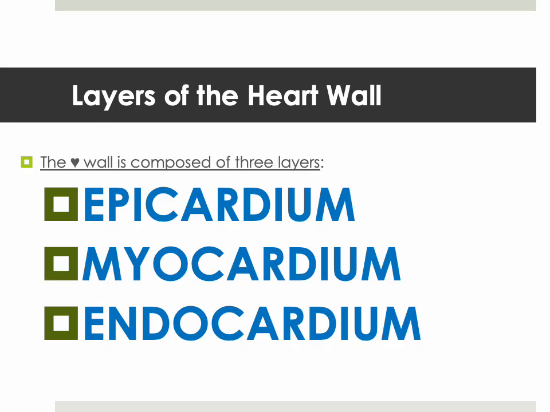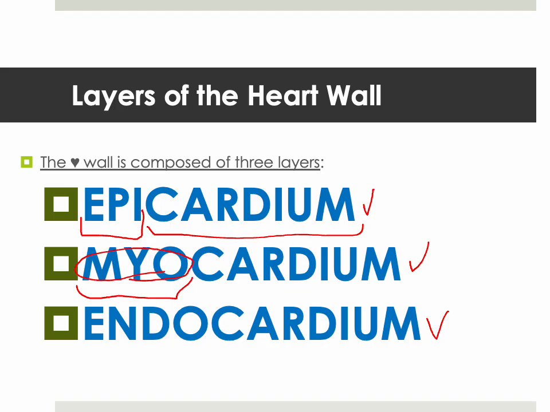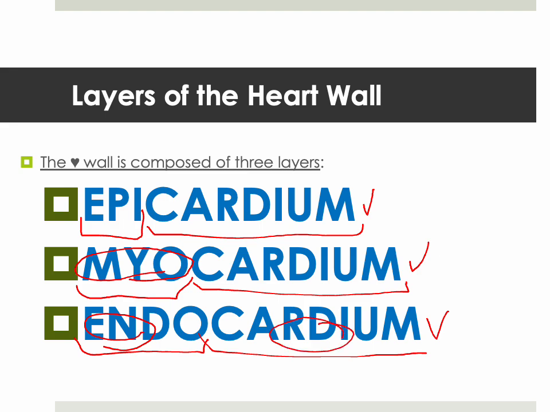Now we're going to talk about the layers of the heart proper. We have an epicardium, myocardium, and endocardium. Let's break down the words a little bit. Epi means above the heart. Myo means the muscle area of the heart. Endocardium means the internal area of the heart. Okay?